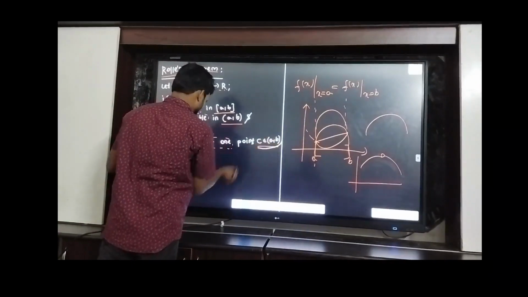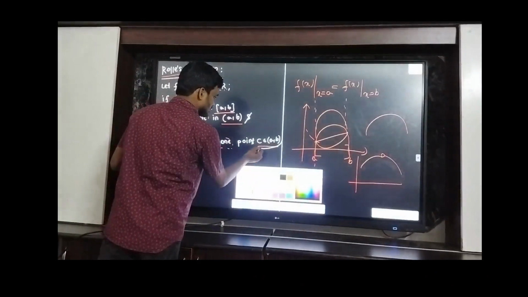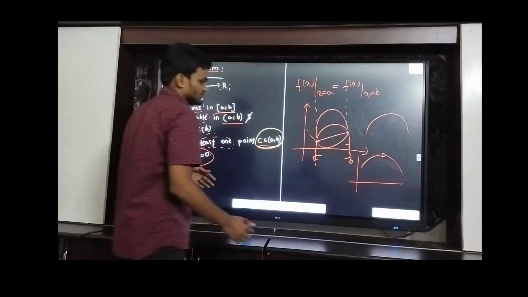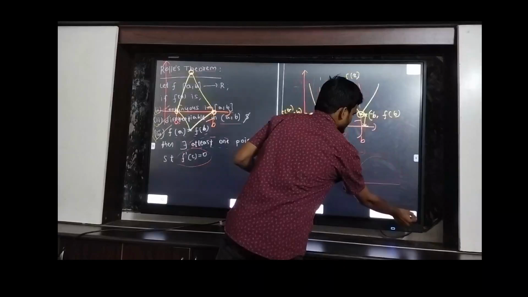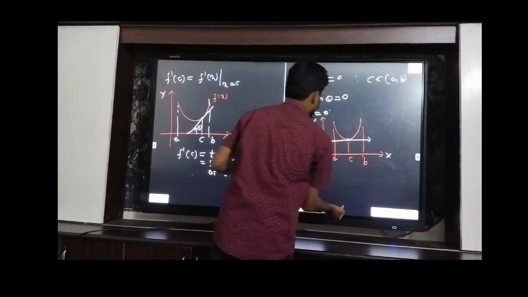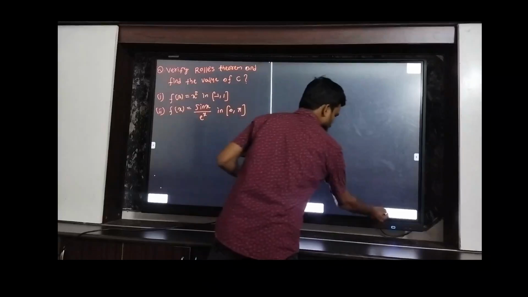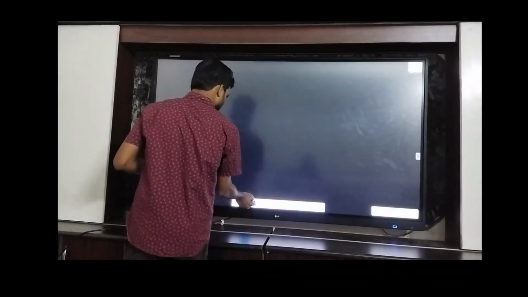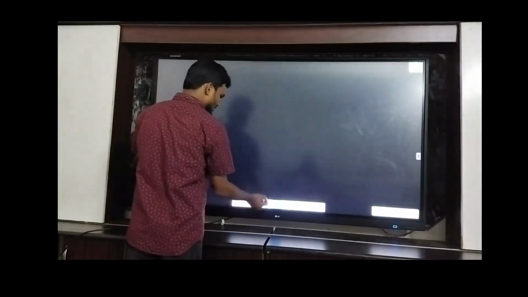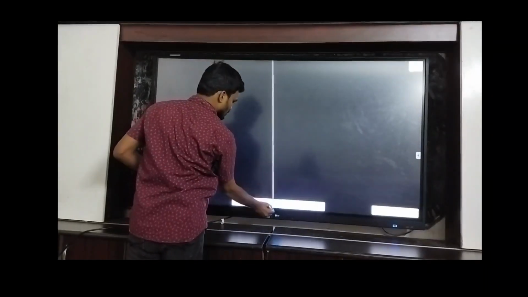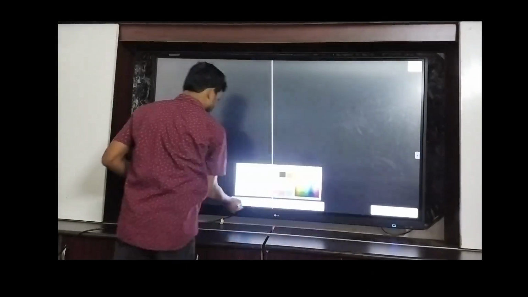The corresponding x coordinate lies in the open interval AB. Right? From the graph, let's together understand like what exactly the theorem talking about, including all the hypotheses and conclusion.